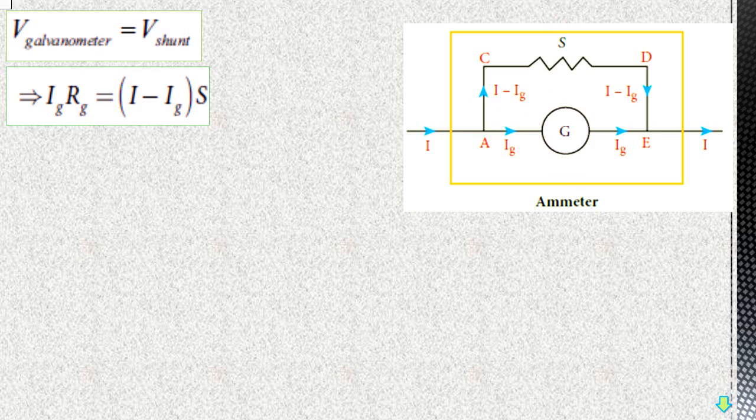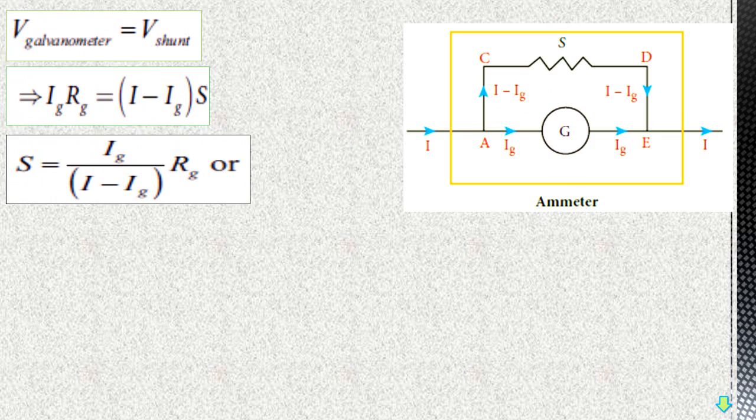Now if you take S to the left hand side, then S is equal to Ig divided by (I minus Ig) into Rg. Or we can take Ig to the left hand side and take all the others to the right hand side.